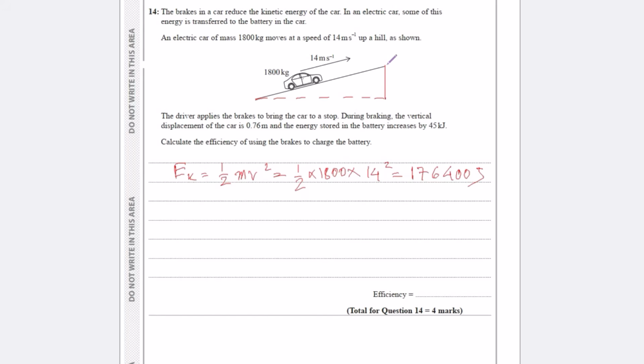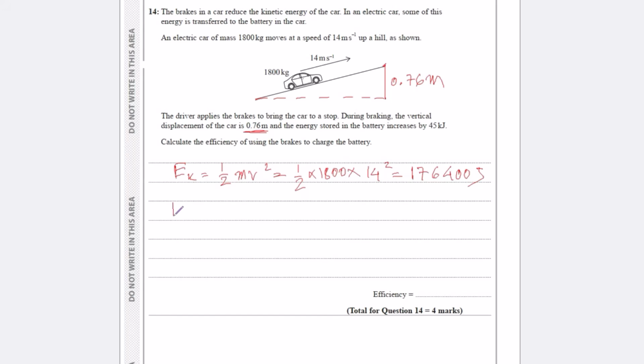Fine. And like I say, always follow the modular approach. The car rises to a vertical height of 0.76 meter, right? So this is 0.76 meter, and you can also find out the gravitational potential energy of the car after it has reached this point.